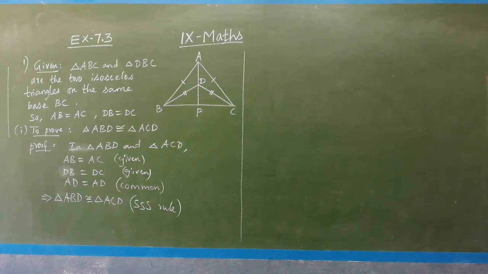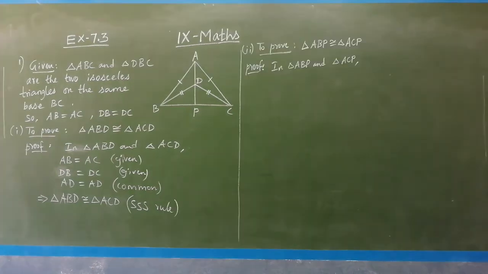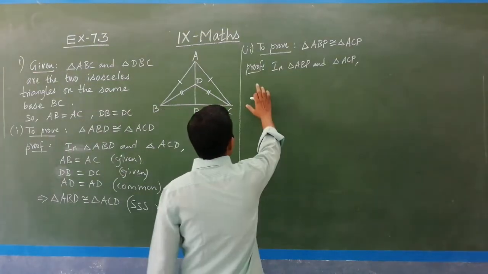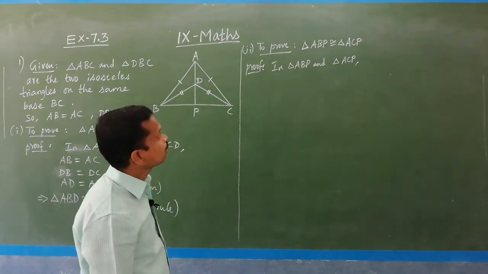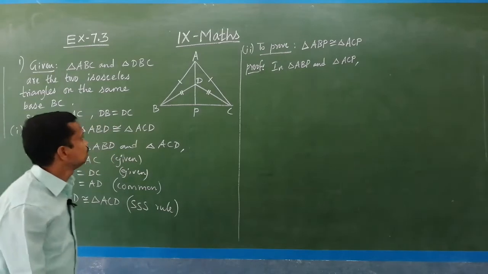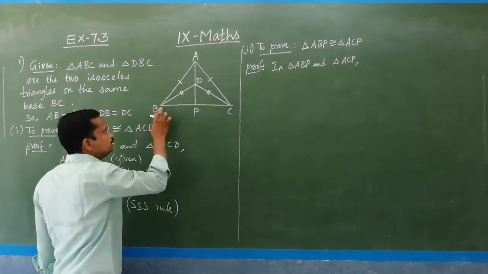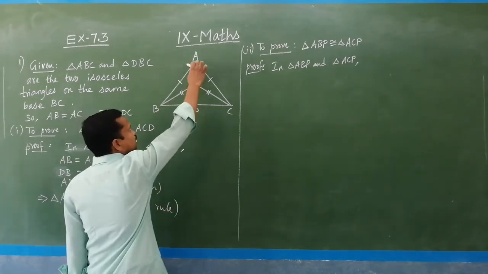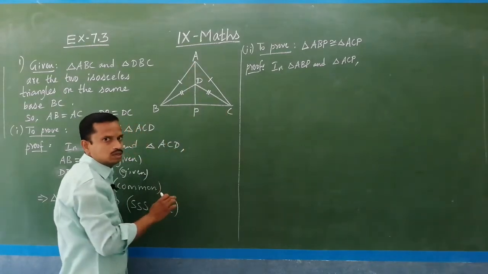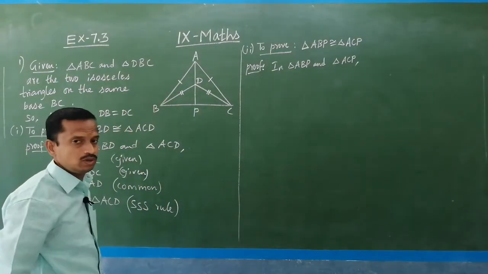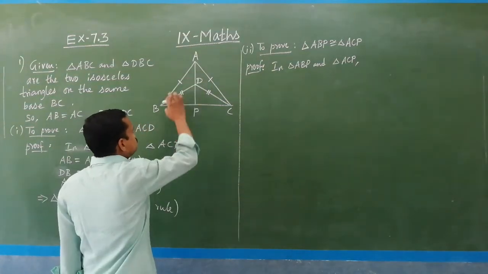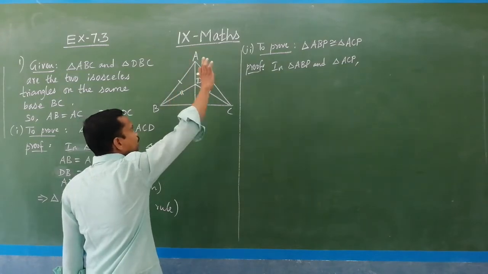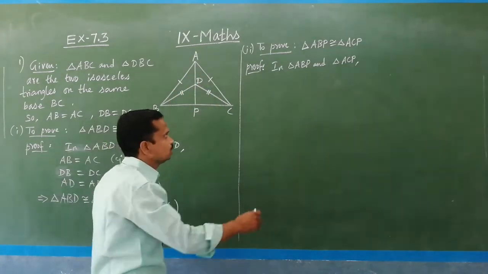And now option 2, to prove triangle ABP congruent to triangle ACP. You look at the figure, ABP is one triangle and the other one you have to take is ACP. Clear? You have to observe what triangle we are writing there. In this triangle we take AB and in this triangle AC.